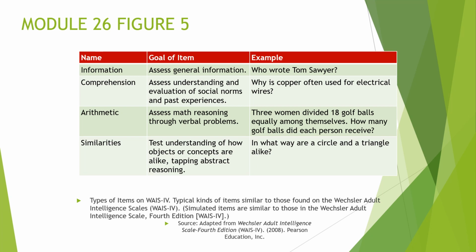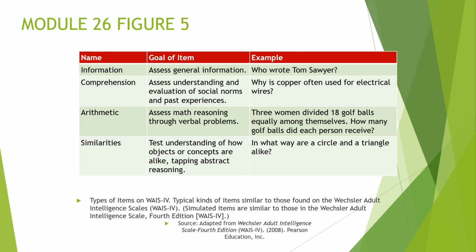But this one is a table showing you the items, with various examples. So information: the goal of the item is to assess general information, and the question may be, who wrote Tom Sawyer?